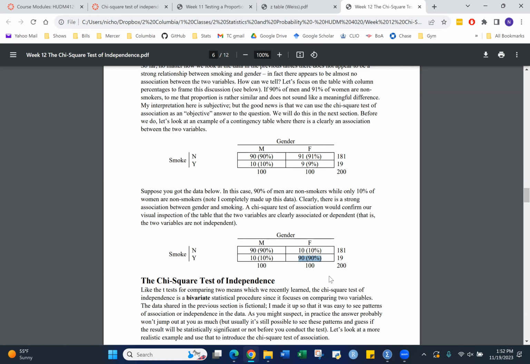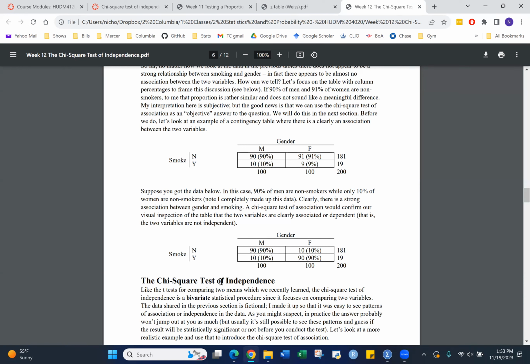Clearly, gender in this fictional data is a huge driver of the decision to smoke, and it's showing that women are much, much more likely to smoke than men. If we conduct a chi-square test on that, I would suspect that test would say the two factors are correlated, right? They definitely are not independent.